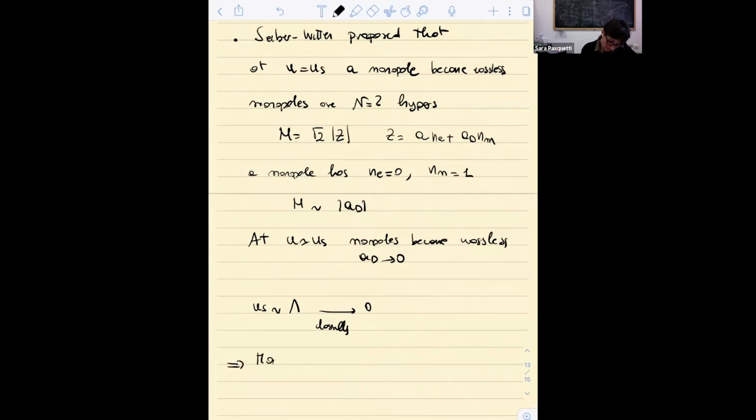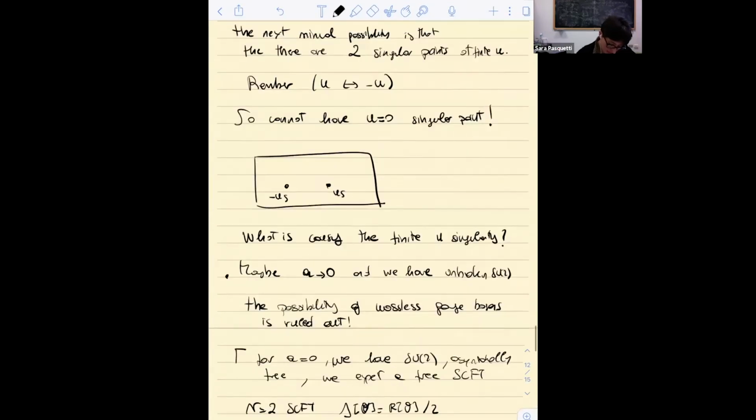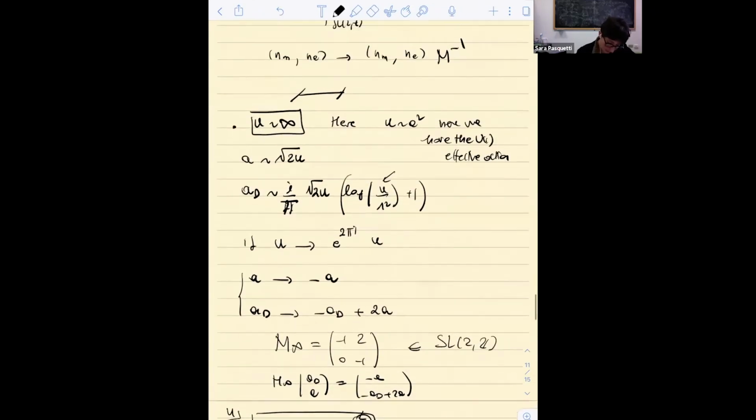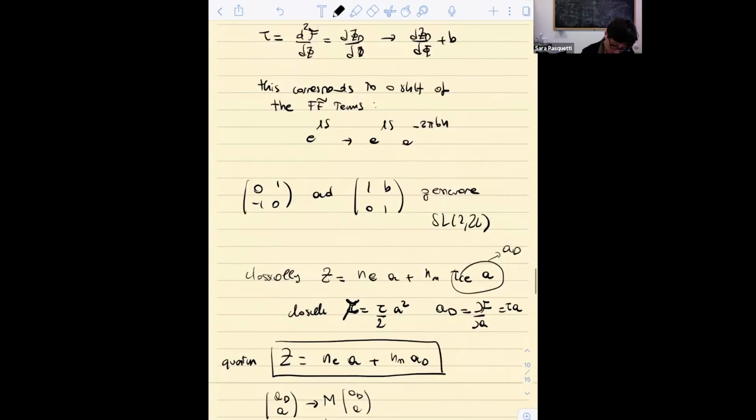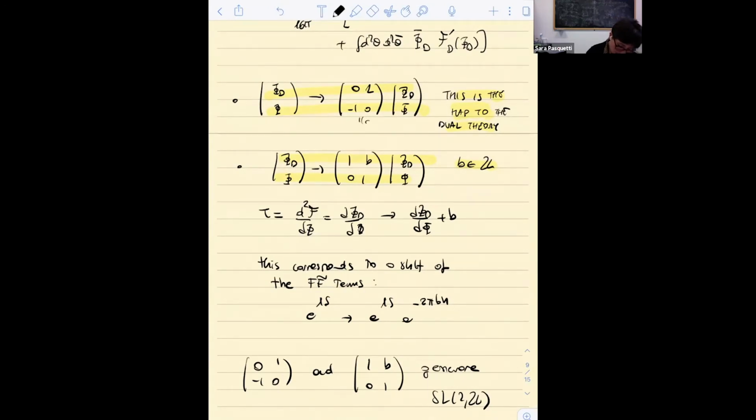So monopoles couple to the S-dual fields, where S is this transformation that I forgot to give names. This transformation is typically called an S transformation that takes you from the set of fields phi dual and phi to minus phi and phi dual.